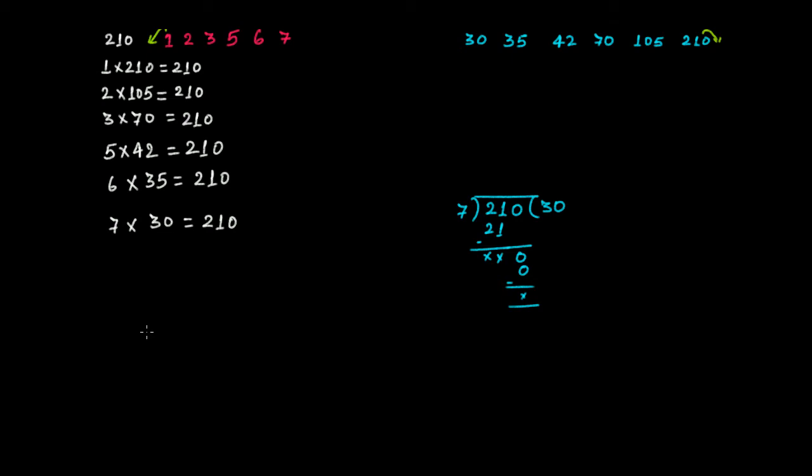Now, what about 8? If you divide 210 by 8, 8 times 26 is 208, and 2 is left.